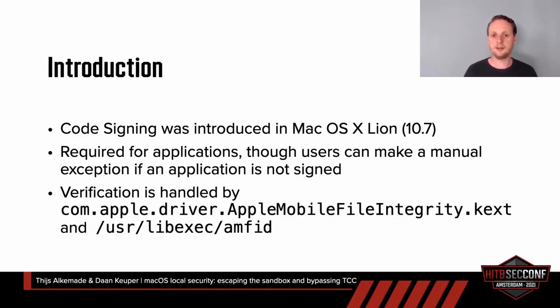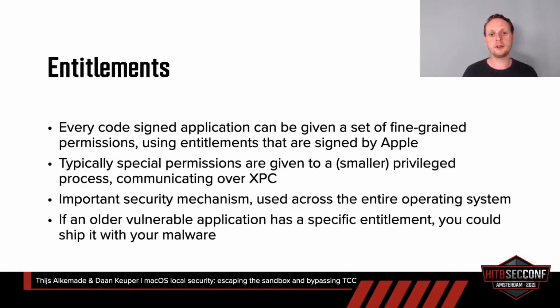The verification of the code signature is handled by a kernel extension, which is accompanied by a user daemon for the signature verification. An important part of code signing is what macOS calls entitlements.